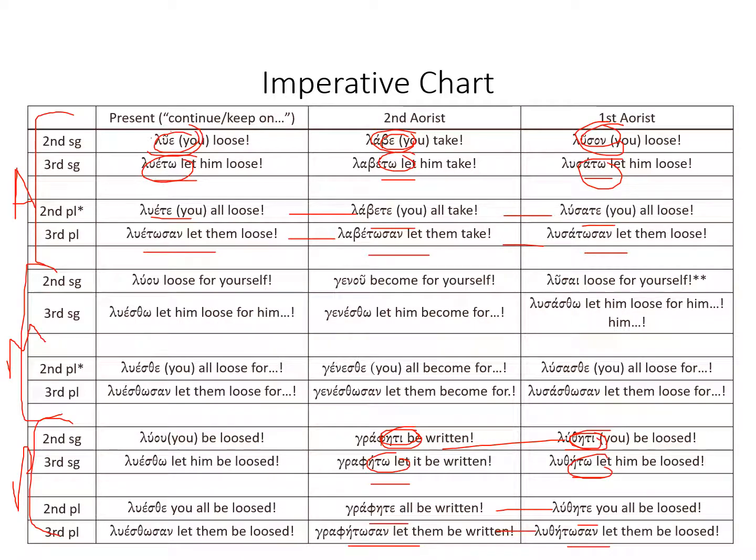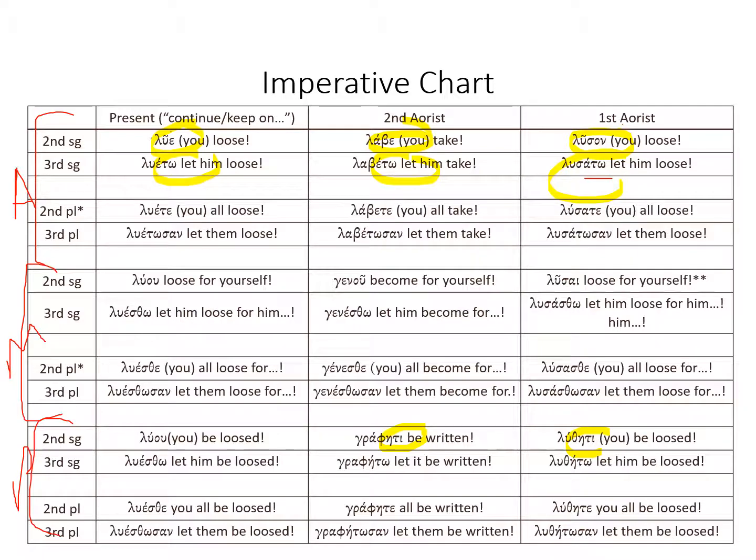So let me draw that one more time. Trying to get rid of all the red markings here, and now let me draw it just with the highlighter. Son, t, to, te, toson.